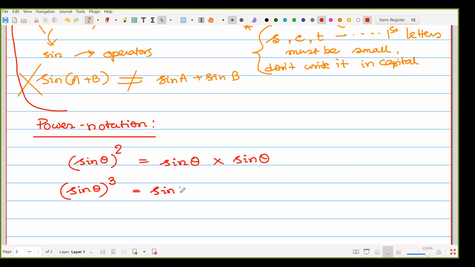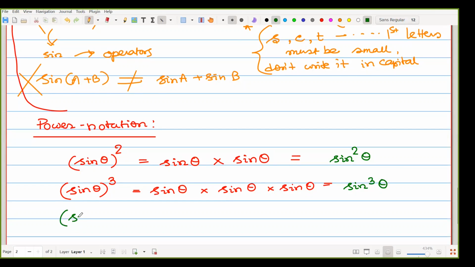That means sine theta into sine theta into sine theta. More importantly, sine theta whole square can be written as sine square theta, or sine theta whole cube can be written as sine cube theta.